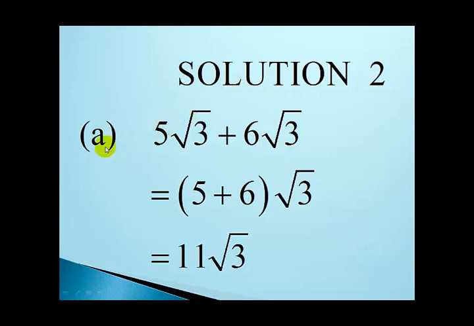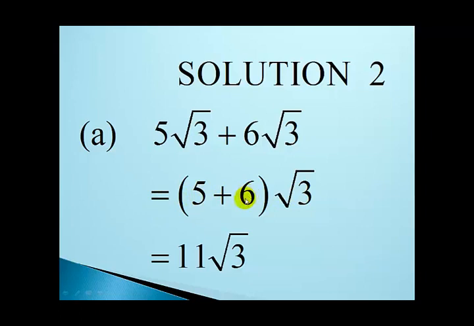The solution A. Given 5 root 3 plus 6 root 3, we can see here that they carry the same surd, that is root 3, and therefore we can add the coefficients, and the coefficients are 5 and 6. So 5 root 3 plus 6 root 3 is equal to 5 plus 6 root 3, and 5 plus 6 is equal to 11.